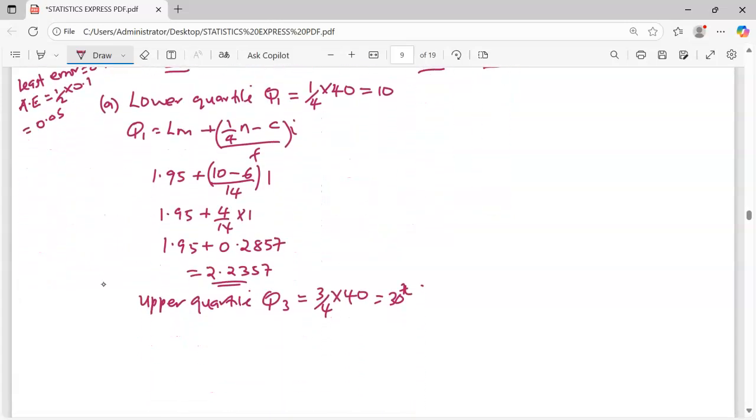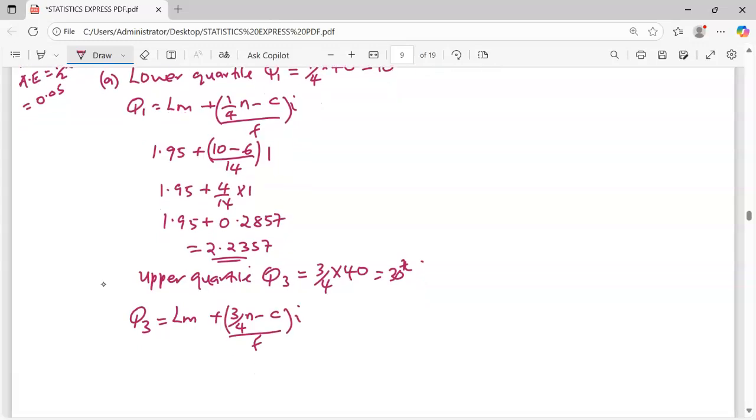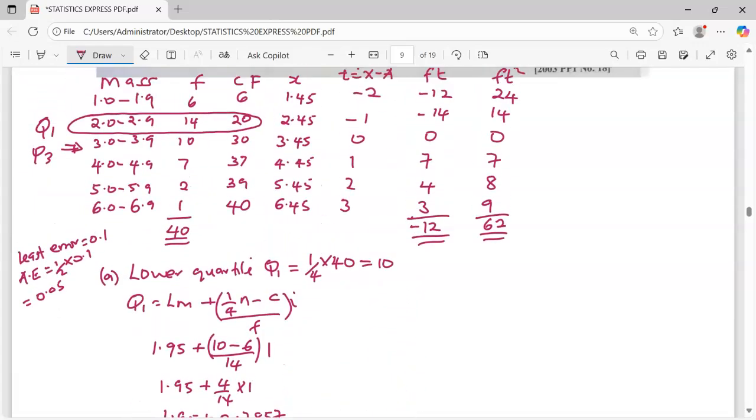And to get the upper quartile Q3, we use the formula, the lower limit in the upper quartile class plus 3/4 of n minus c divided by f, you multiply by I, which is the class interval. To get the lower limit, you simply take the lower number, which is 3, you minus 0.05, which is the absolute error when taking the measurements. That one will give us 2.95.